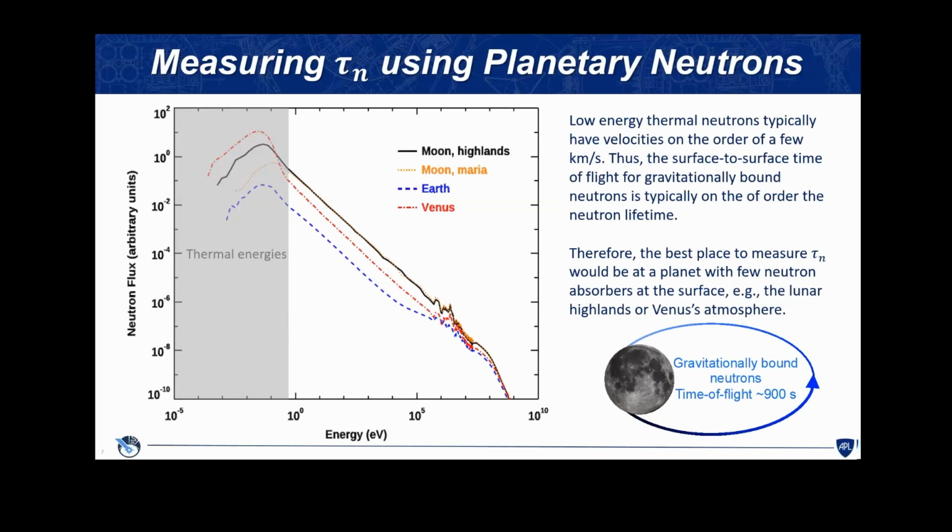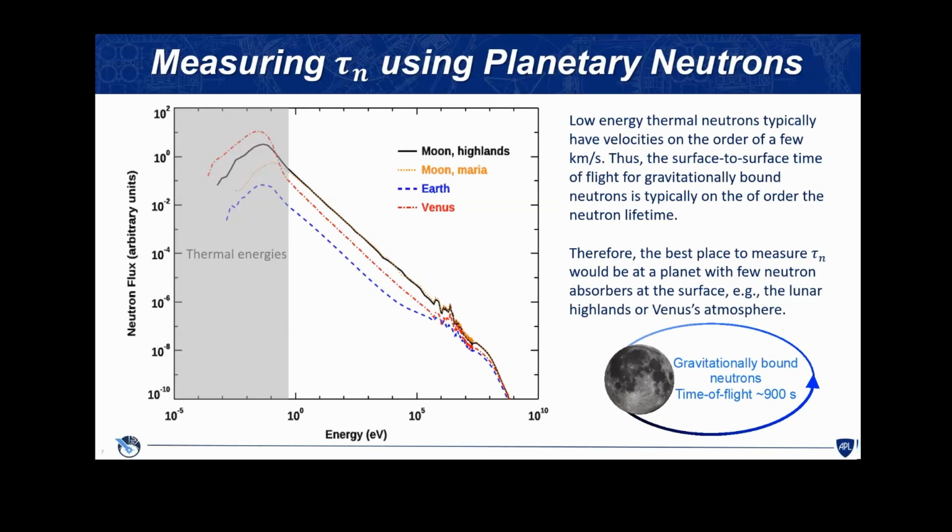It's this low-energy thermal neutron flux that's important for measuring the neutron lifetime. And the reason for that is that the velocities of those neutrons are typically a few kilometers per second. So the time of flight from the surface to a spacecraft that's a few hundred or a few thousand kilometers above the surface is of order the neutron lifetime.